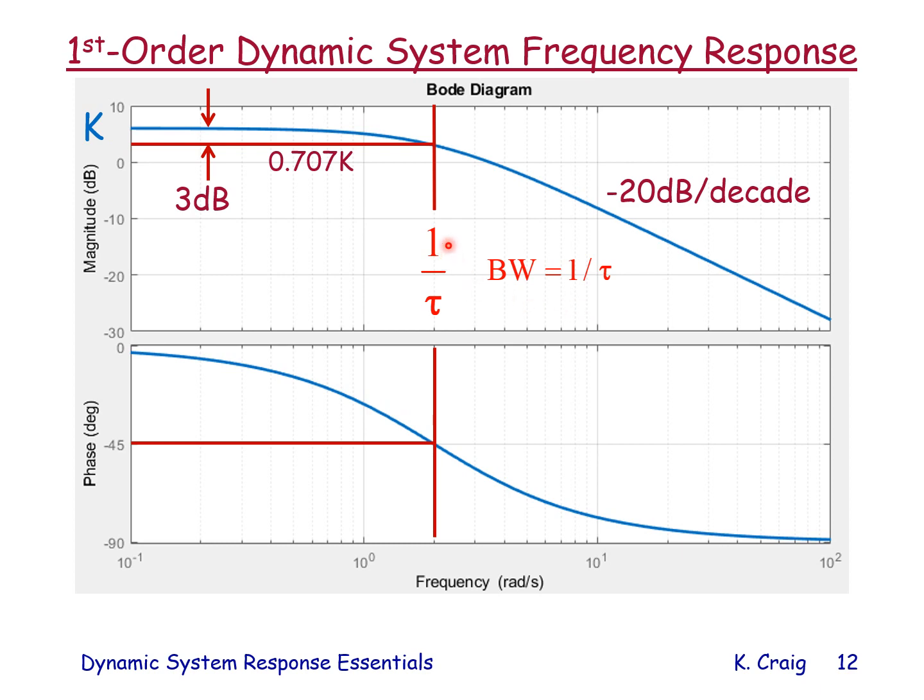And also at that frequency, 1 over tau, the phase angle is exactly minus 45 degrees. The phase angle starts at 0, at the bandwidth 1 over tau it's minus 45 degrees, and it approaches minus 90 degrees at high frequency. The amplitude ratio, after it passes the bandwidth, will take on a constant negative slope of minus 20 dB per decade, where a decade is a 10 to 1 frequency change.